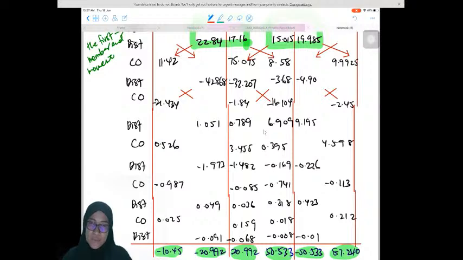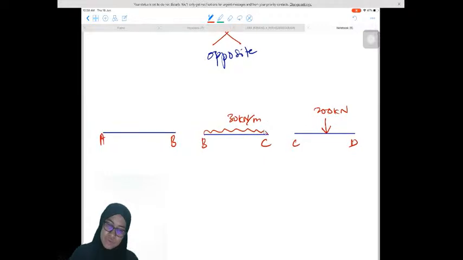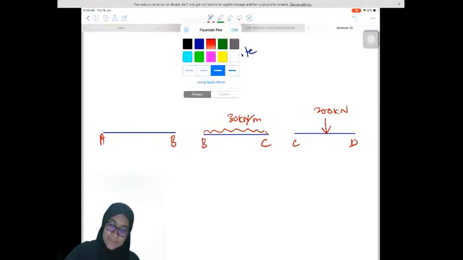Again, we start by looking at the sign: negative negative for AB, positive positive for BC, and negative positive for CD. Negative negative, so we draw the direction.